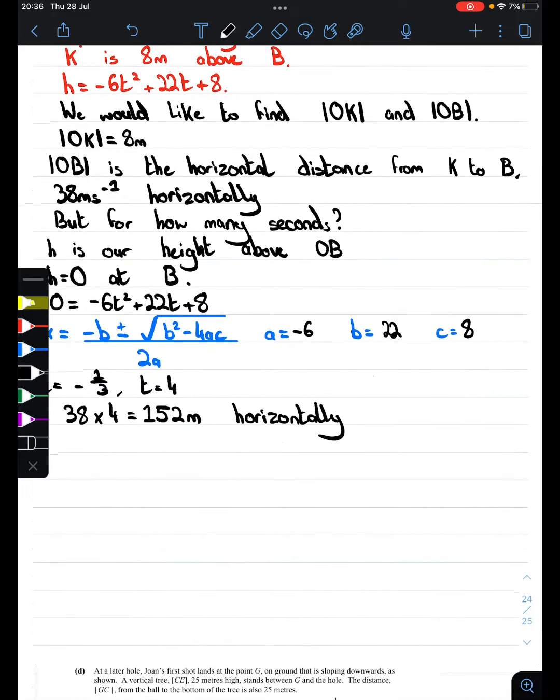A vertical tree, CE, 25 meters high, stands between G and the hole. The distance GC from the ball to the bottom of the tree is also 25 meters. So GC is also 25 meters.